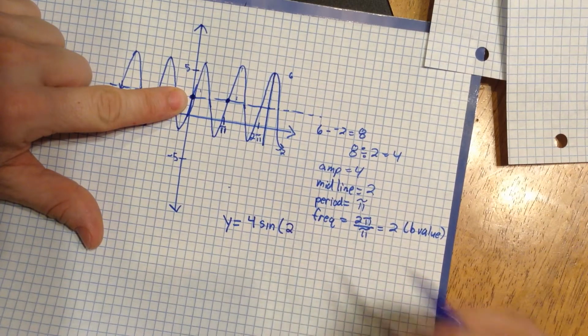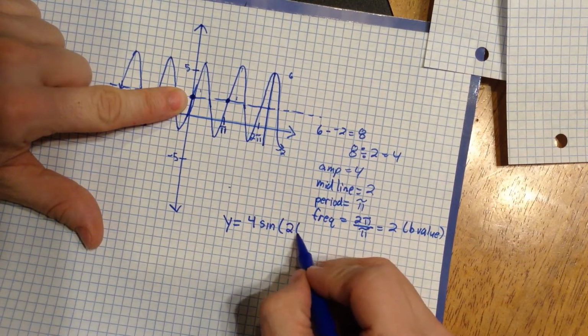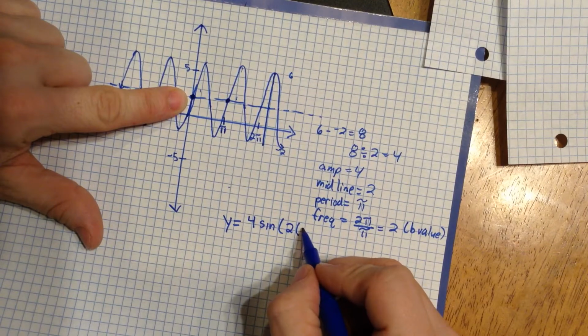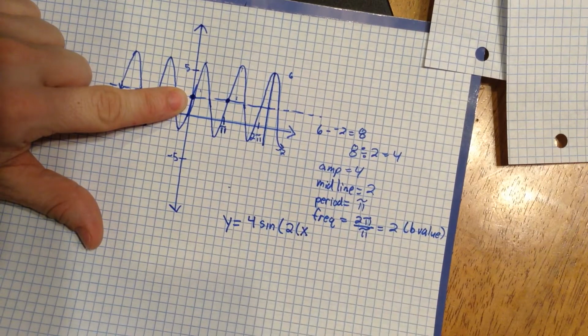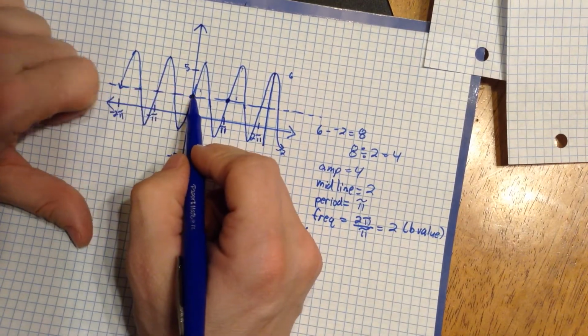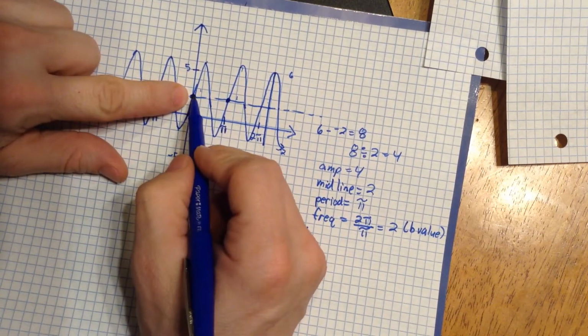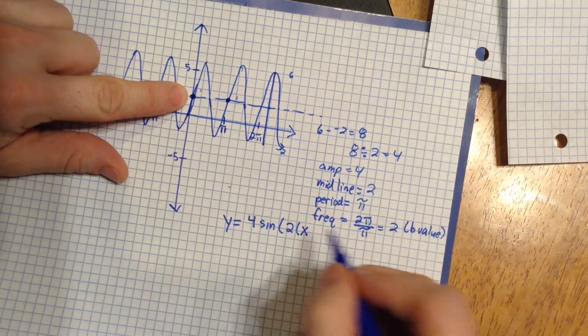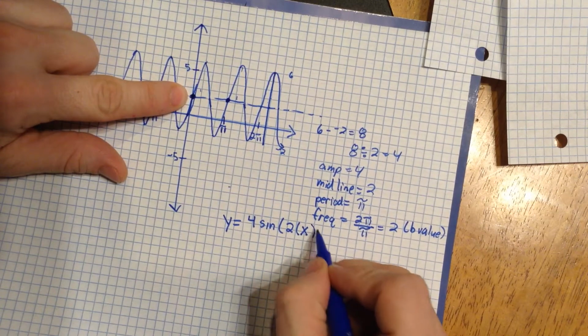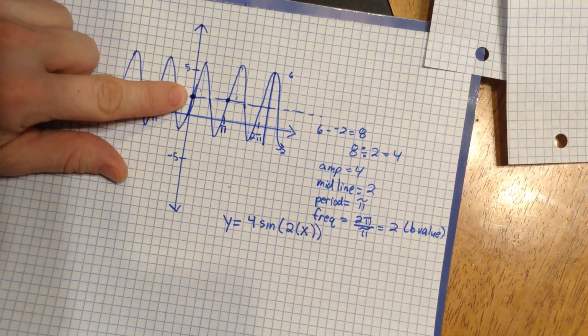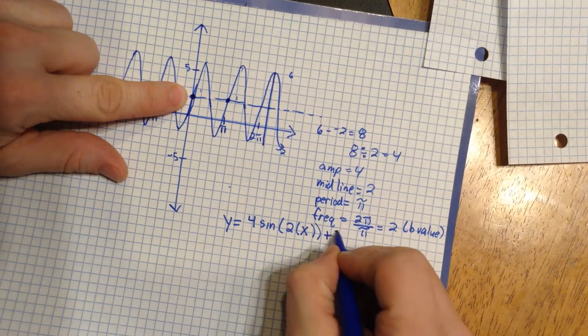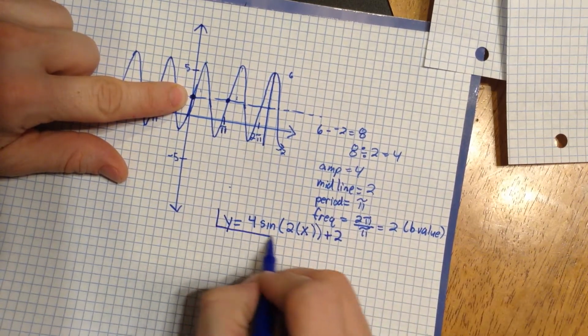That's what we're going to write next. And then we're going to figure out our horizontal shift. If we're a sine graph, we should be starting right on the midline, which this already is, and it's happening at the x value of 0, so we are not shifting this. So it's going to be 4 sine of 2x, and we're shifting to a midline of 2. That is our equation.